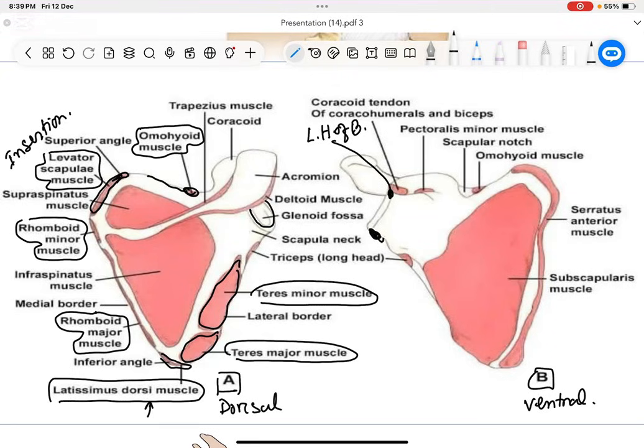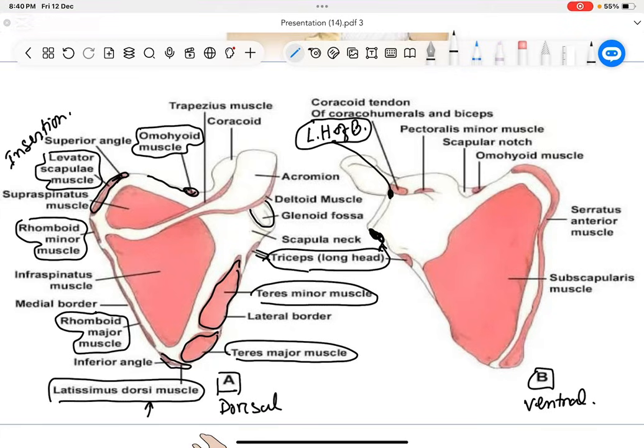At the infraglenoid tubercle there will be the long head of triceps muscle. Here we are asking a question: which one is intracapsular? You have to remember the long head of the biceps is inside the capsule of the shoulder joint, but the long head of the triceps is extracapsular.